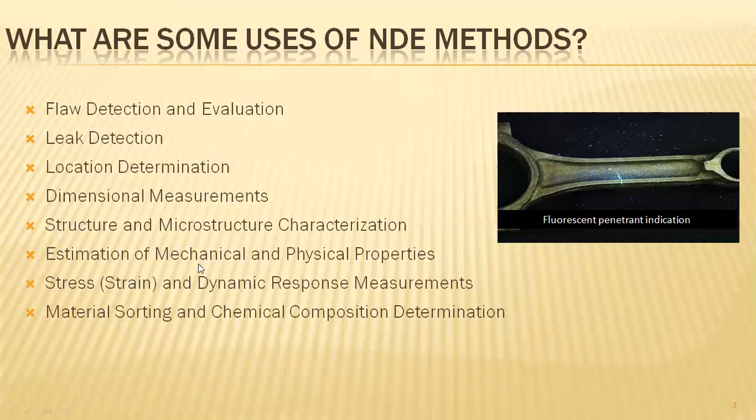Next thing, the estimation of mechanical and physical properties. Mechanical properties are nothing but strength, stiffness, ductility, malleability, tensile strength, whether it is obeying Hooke's law or not, Young's modulus, and Poisson's ratio. These are all mechanical properties that will be clearly identified by these NDE methods.